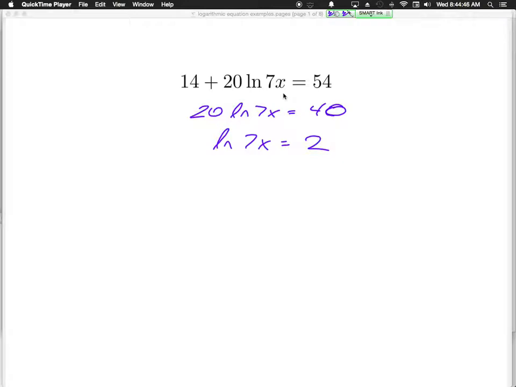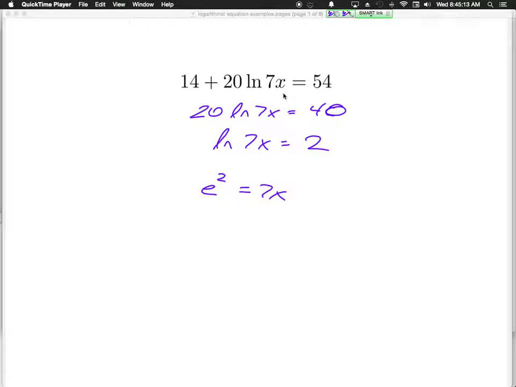And what do we need to identify to be able to change forms? Base and the exponent. So if it's a natural log, what's my base? e. What's my exponent? 2. So that means e squared has to equal 7x.